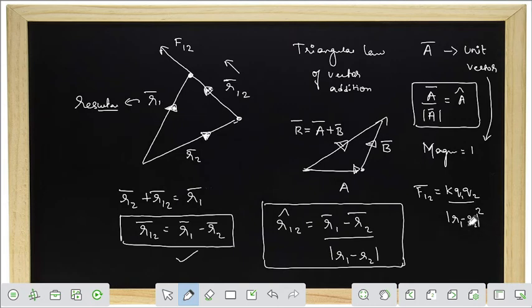Okay, r12 bar is modulus of r1 minus r2 into r12 cap. In place of r12 cap you can substitute this. If you substitute that, what will we get? F12 bar can finally be written as K Q1 Q2 divided by modulus of r1 minus r2 whole square into r cap.